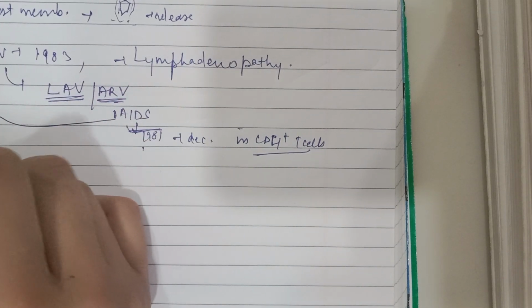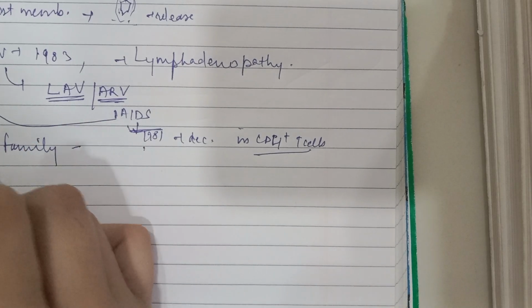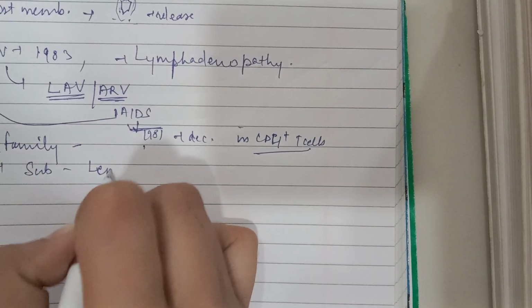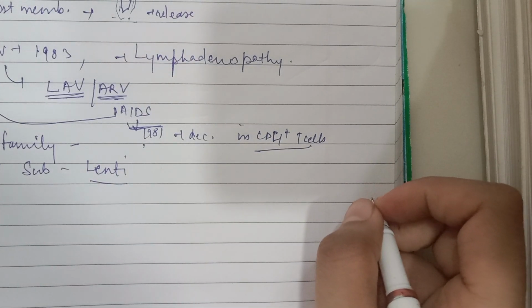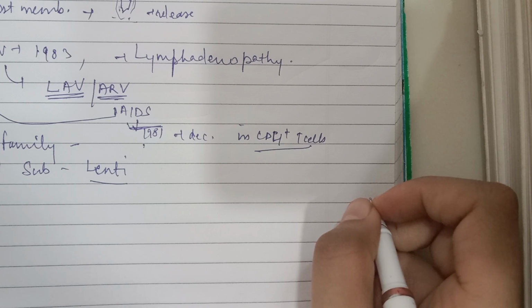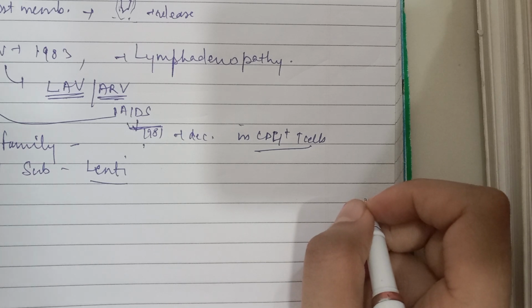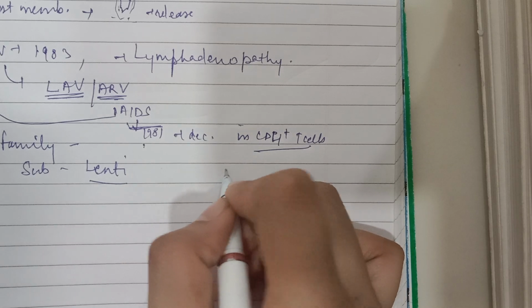First of all, HIV belongs to the family retrovirus, and the subfamily is lentivirus. Mostly AIDS is caused due to HIV-1, and in some cases even HIV-2 is seen to be responsible. Its symmetry can be icosahedral.